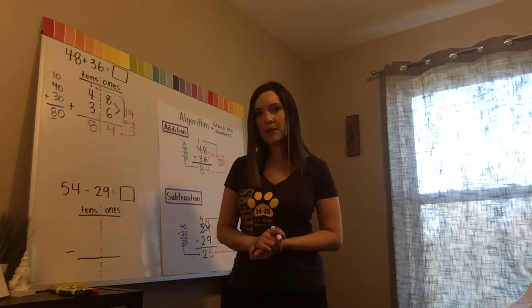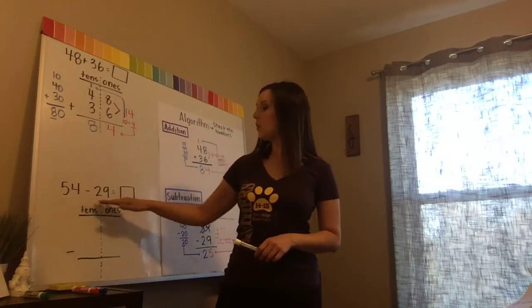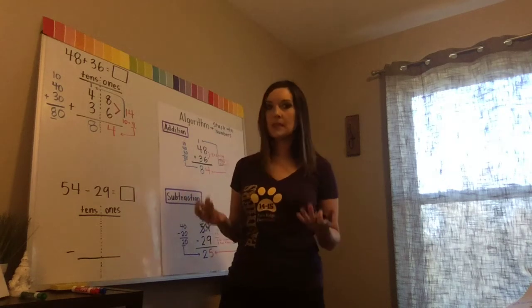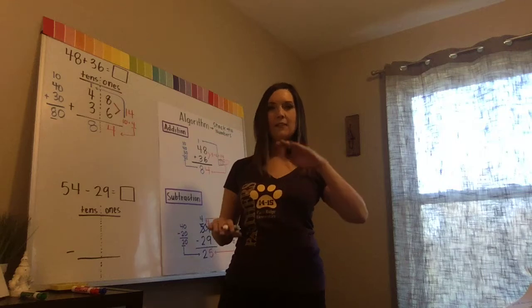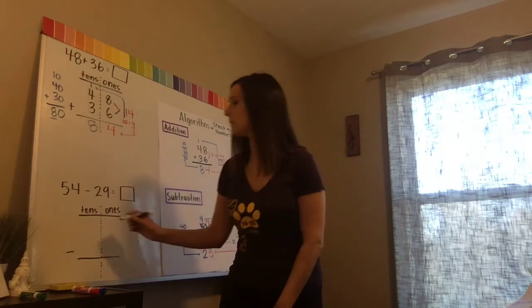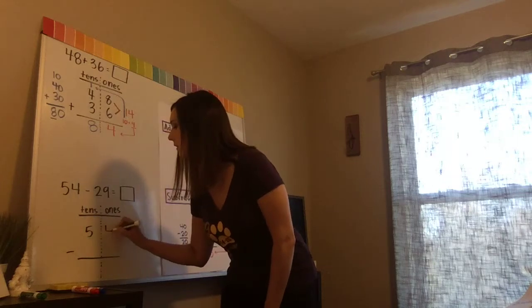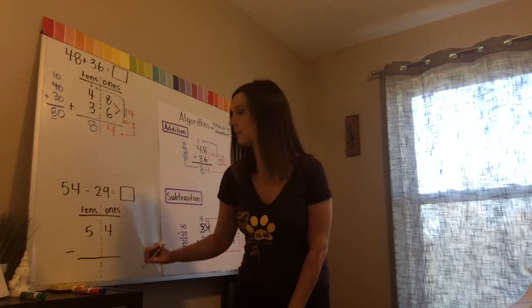Let's take a look at subtraction. For subtraction, I have 54 minus 29. Once again, I'm going to separate out my tens and ones, but I'm also going to stack 54 and 29 together. I'm going to start with the bigger number, start with 54, 5 groups of 10 and 4 ones.